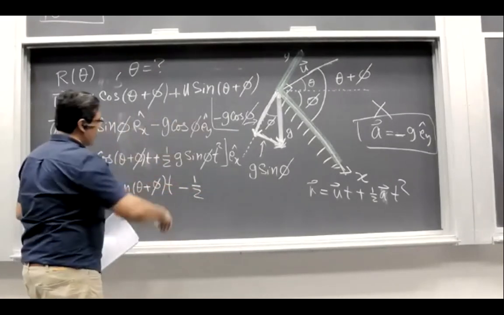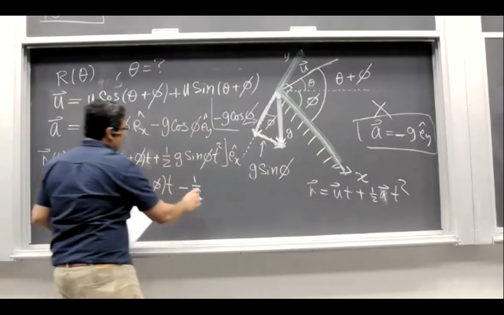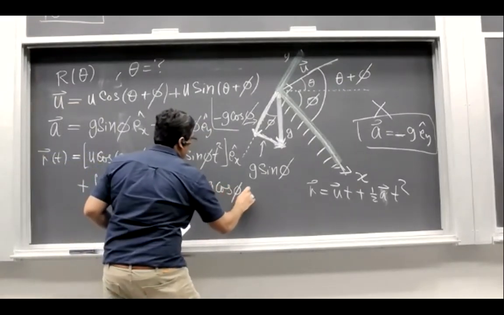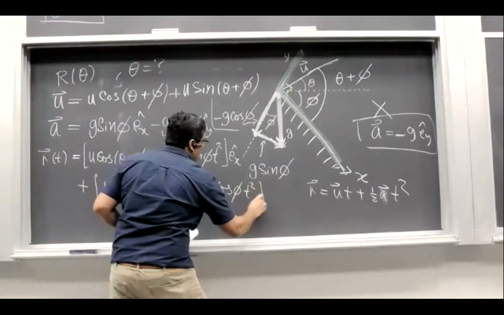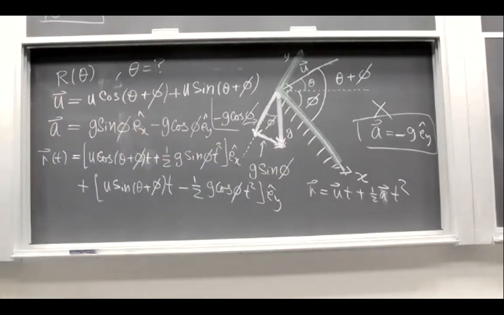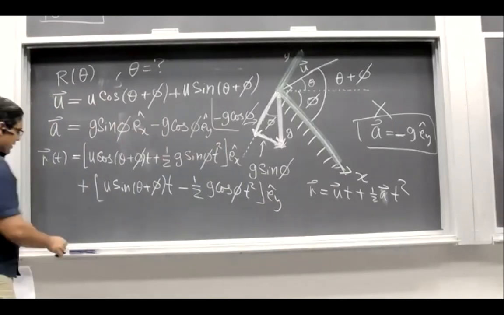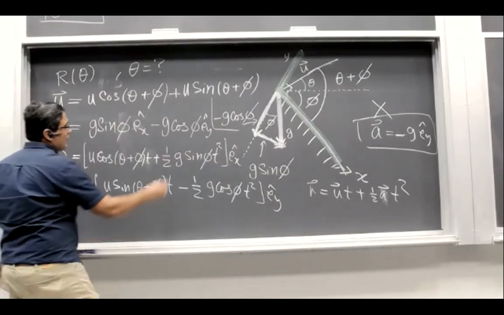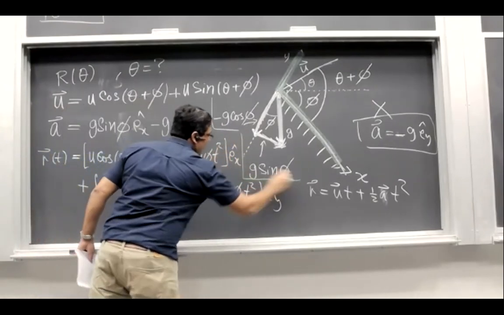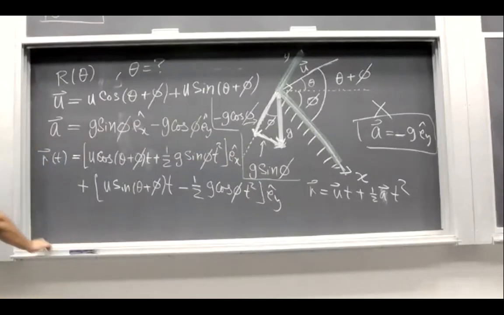The minus comes, of course, from the coordinate system. So this is getting quite clumsy here, so this is separate. All right, so now this is the position vector as a function of time.